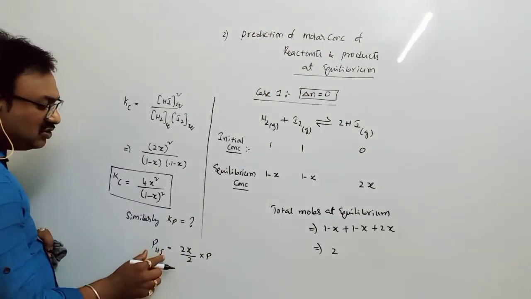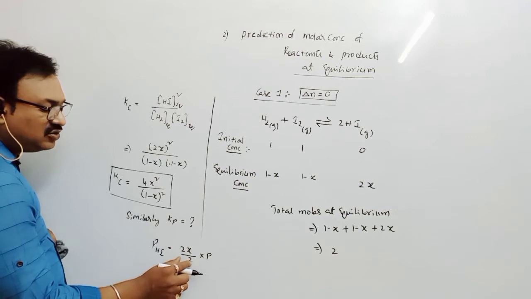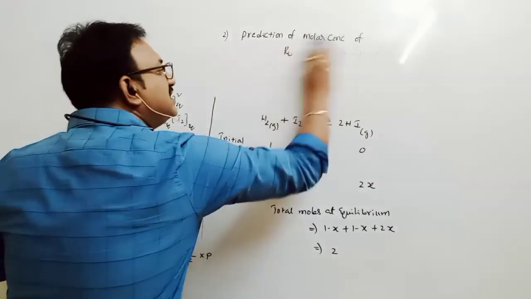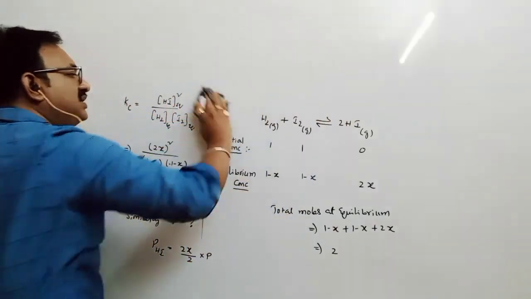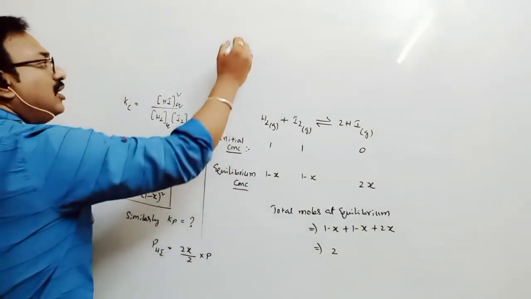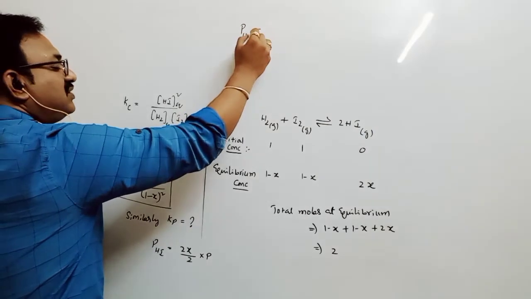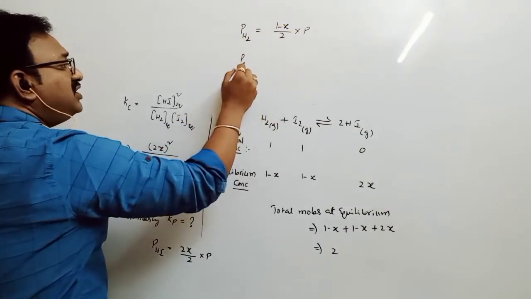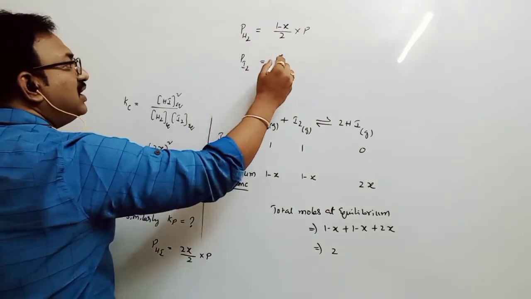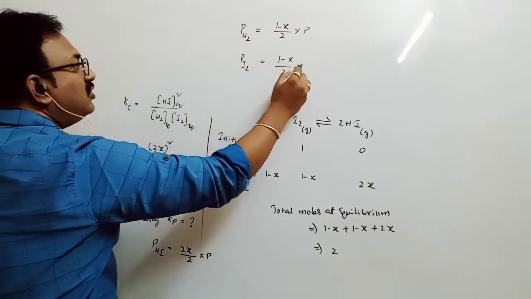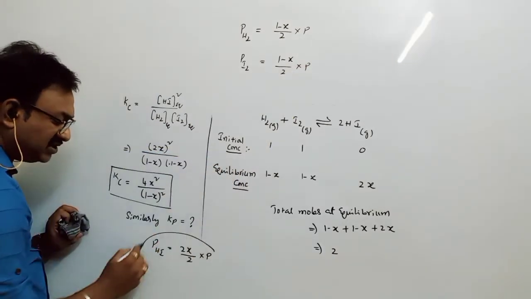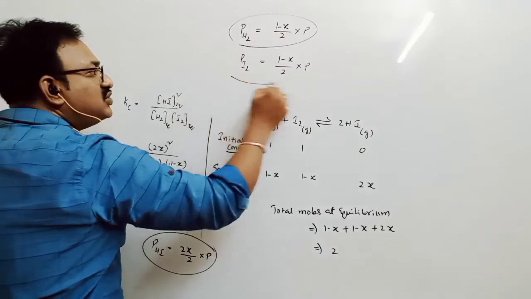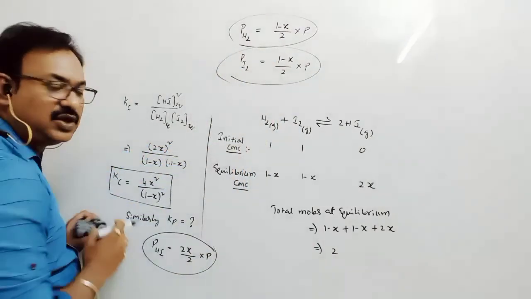So partial pressure of HI is equal to 2x by 2 into P. Next, partial pressure of H2 is equal to 1 minus x by 2 into P. Partial pressure of I2 is equal to 1 minus x by 2 into P. So this is the partial pressure of HI, this is the partial pressure of H2 and this is for I2.